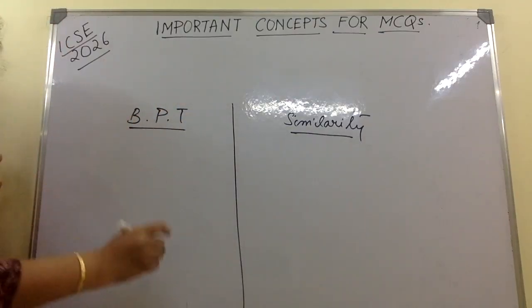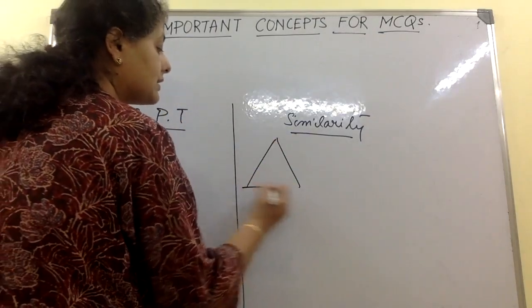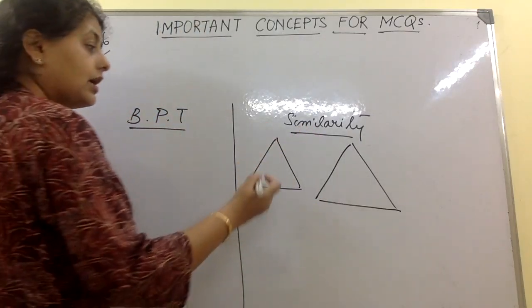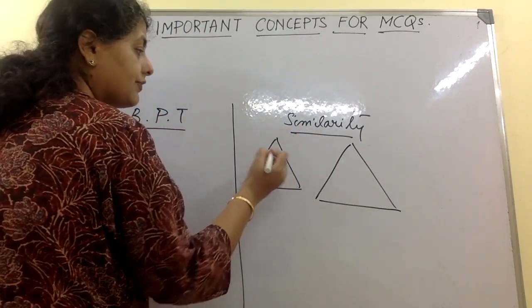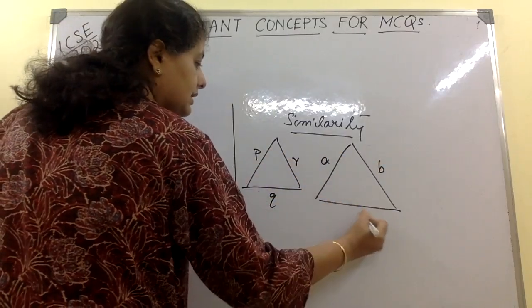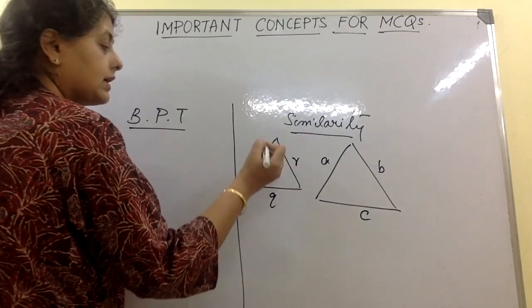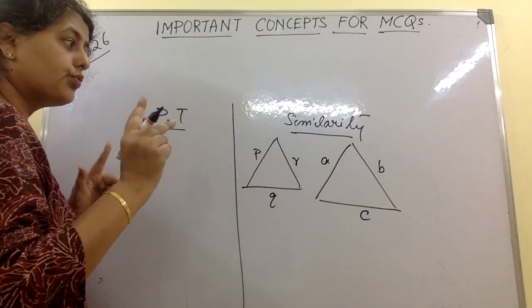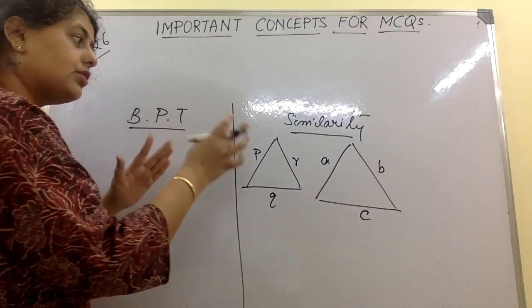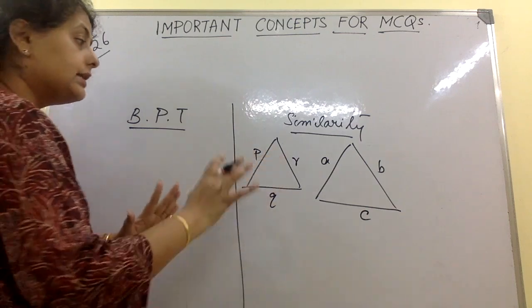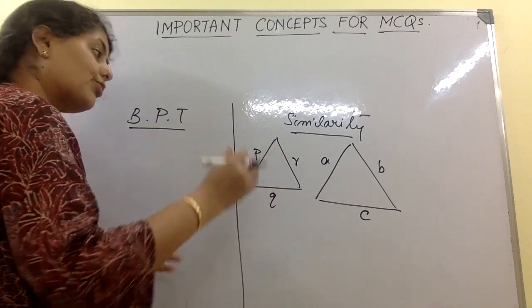First we'll talk about similarity. If I have two triangles here, see they are not of the same size. Here I'm writing the lengths P, Q, R and A, B, C. If they have told that the two triangles are similar, then there are two rules which automatically come.